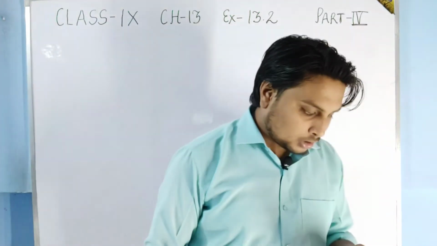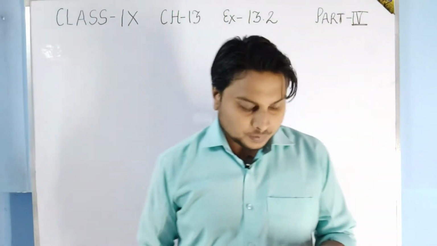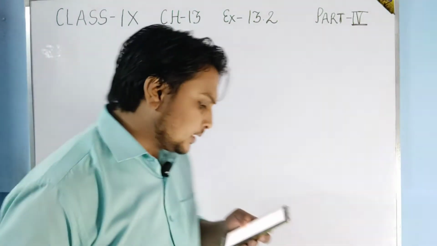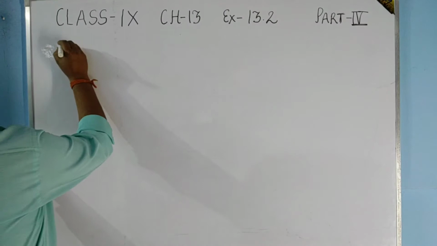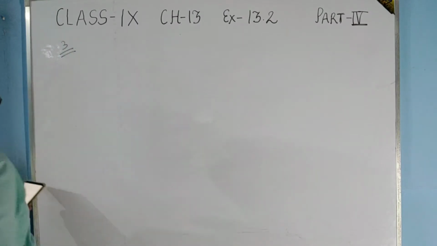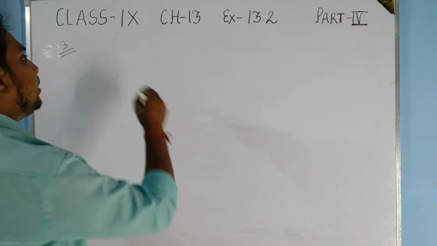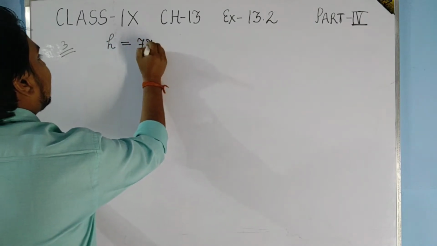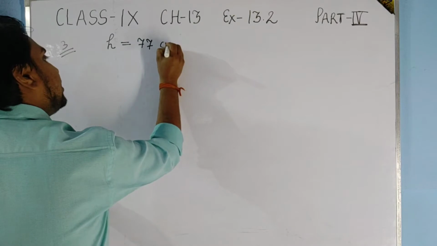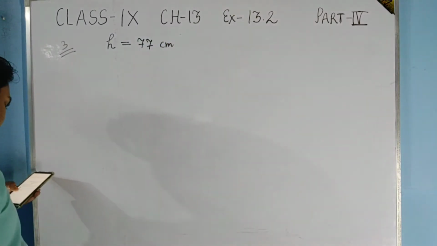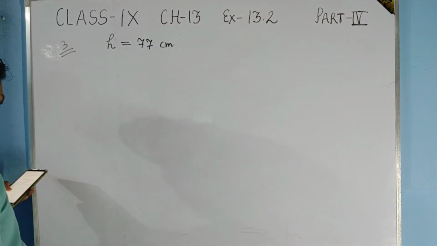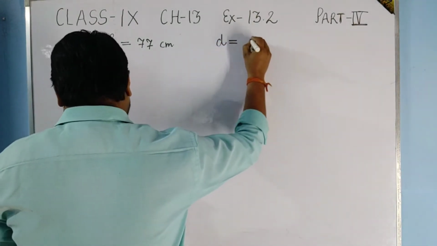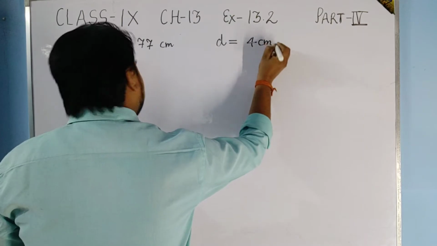Next question, question number 3. A metal pipe is 77 centimeter long. In question number 3, the length of the metal pipe you can take as height. The inner diameter of a cross section, meaning small d, is given 4 centimeter.